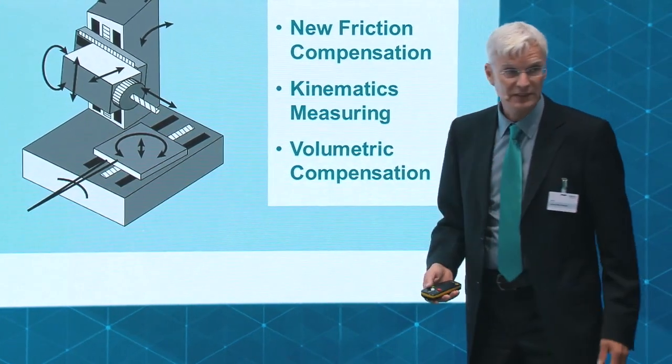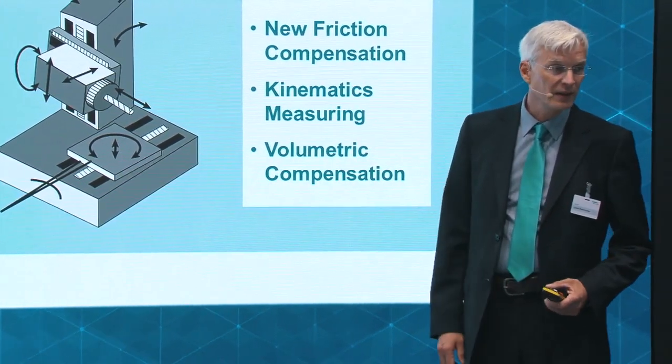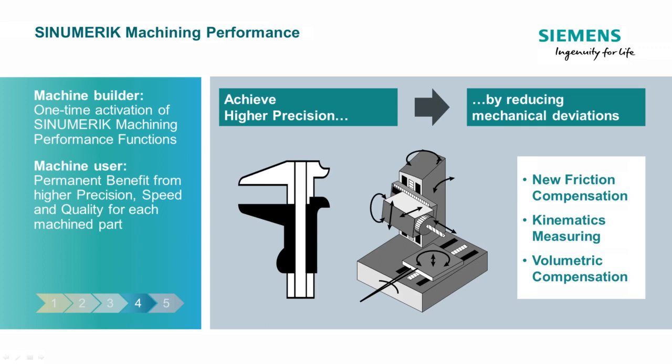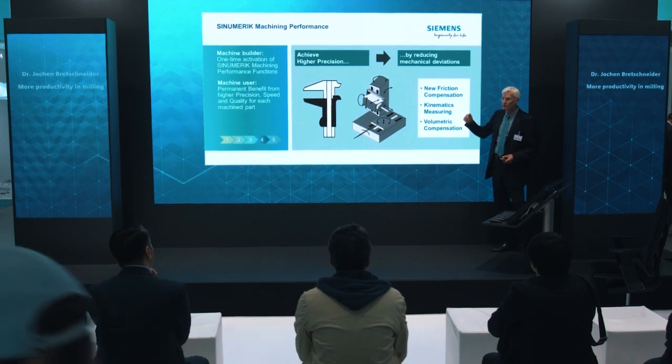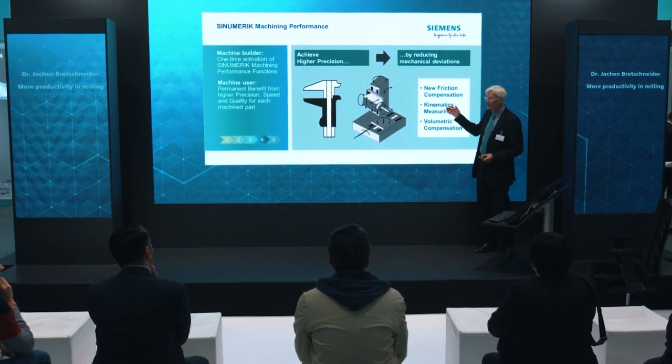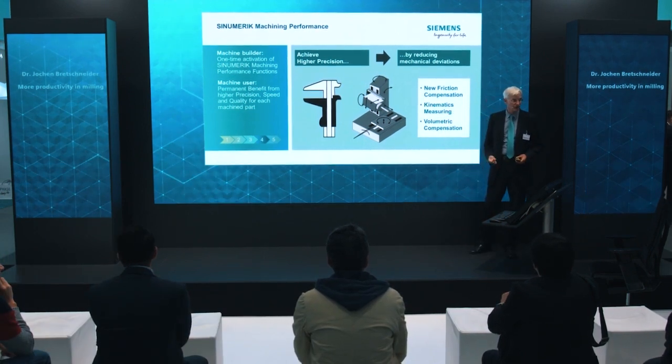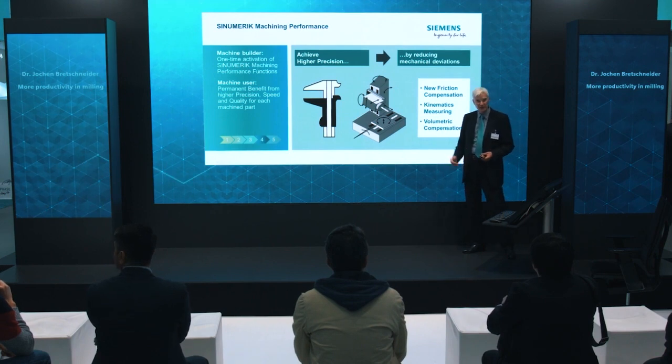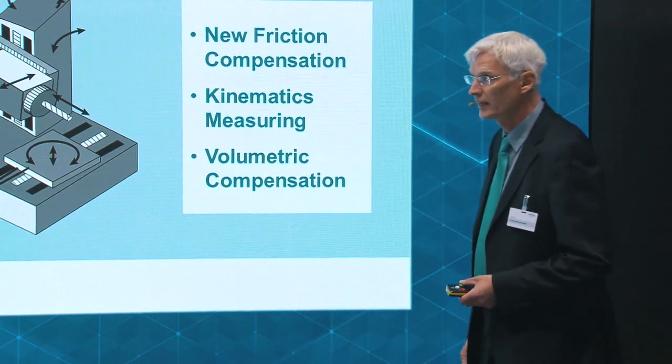In order to compensate for such effects, you simply can activate functionality on the control, for example, friction compensation, in order to have better circularity aspects in milling. We can use touch probes on the machine in order to measure deviation of the machine related to the workpiece and compensate for such deviations.